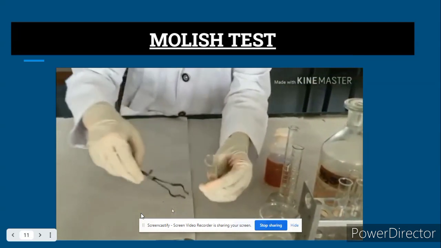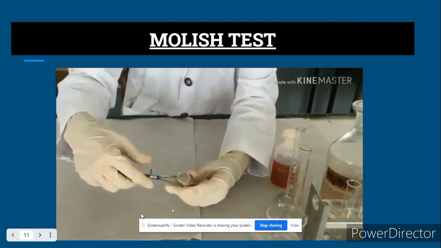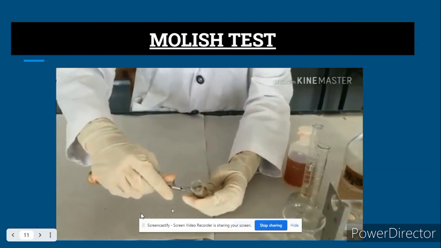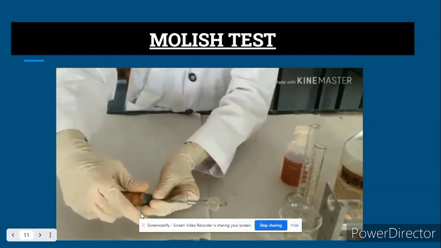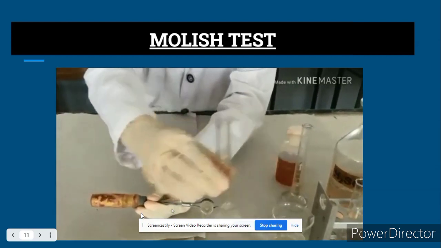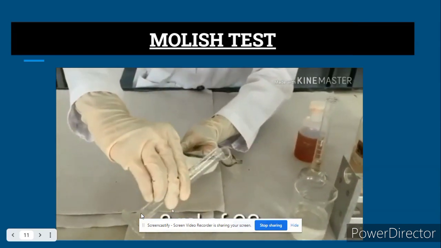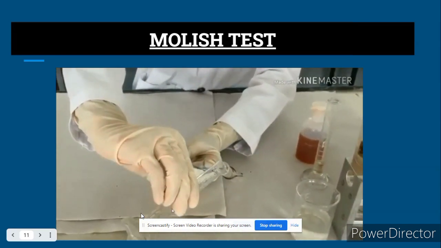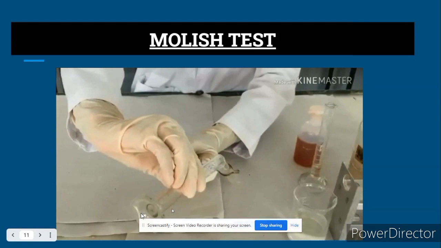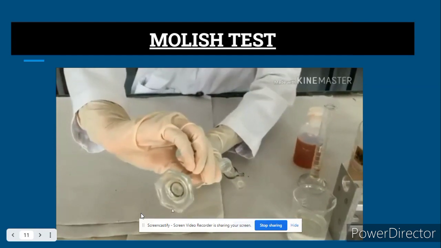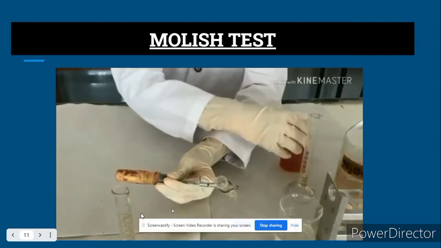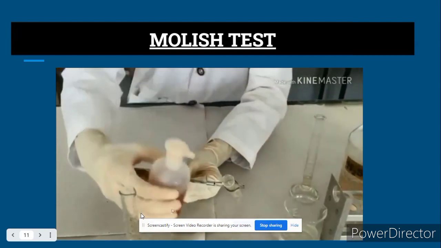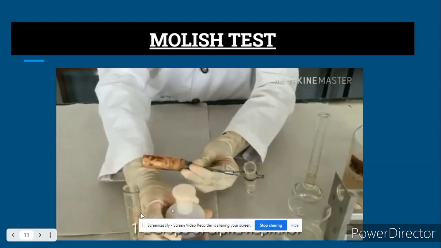Take a test tube and hold it firmly with a test tube holder. Add 2 ml of the sample. Then add 1 to 2 drops of alcoholic alpha naphthol.